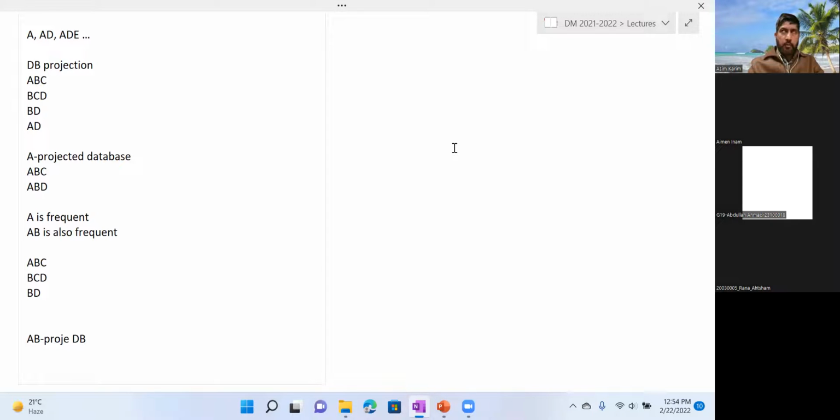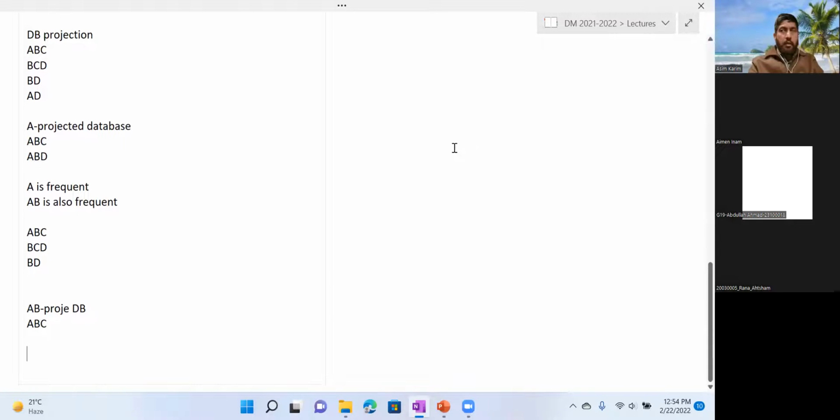It will not have the second because it does not have A, and this one would not be included as well. So it will just have one transaction, ABC. So the partition that contains that particular item set is returned.